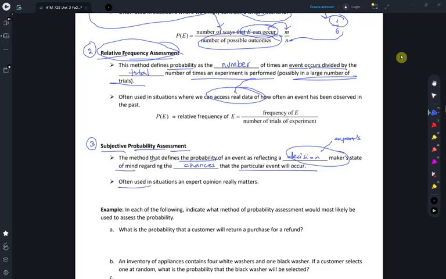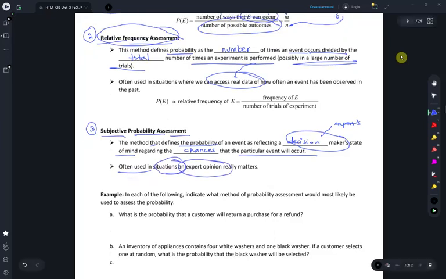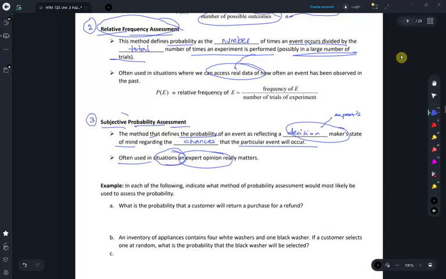This is often used in situations where an expert opinion matters. This is usually what you find in a court case, if you have invited an expert to comment on a particular incident and they give a subjective assessment of how likely an event will occur. That will be the case of using subjective probability assessment.